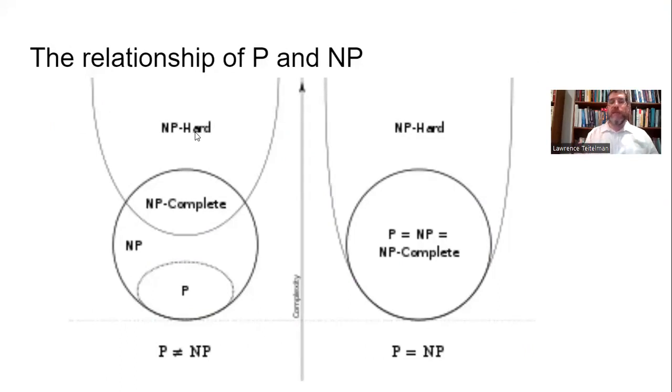Because we said NP-hard is at least as difficult as NP, right? So there are problems that are in NP-hard that are outside of NP-complete in this case. I'm sorry, they are outside the NP part of NP-complete.